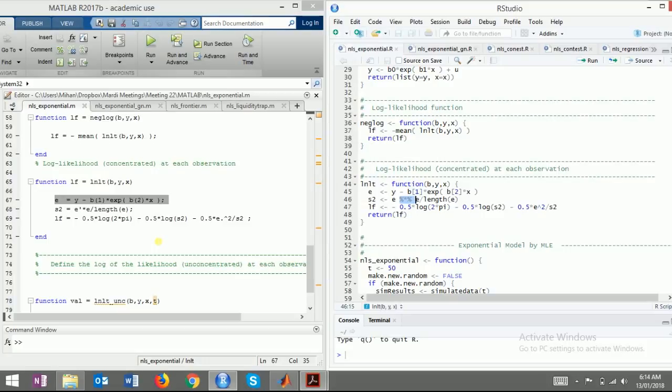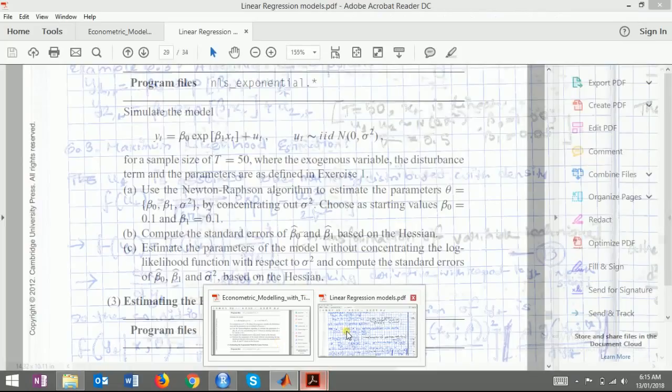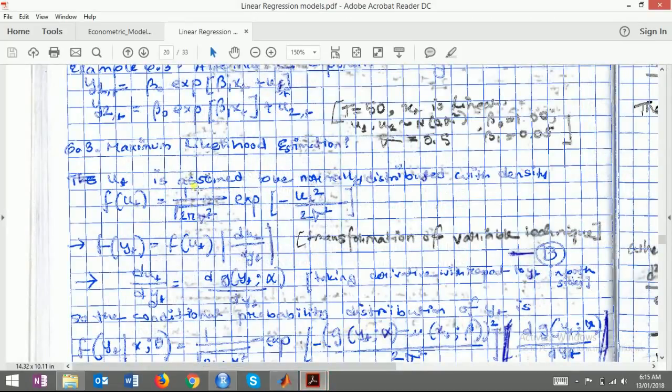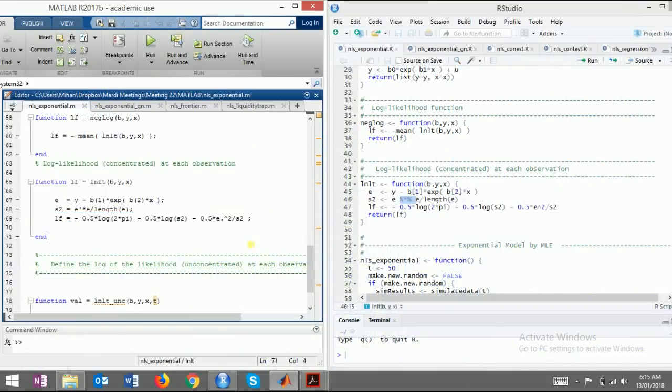And the log likelihood function is simply minus 0.5 log twice pi, minus 0.5 log sigma square, minus 0.5 u squared divided by 2 sigma square. Okay, you're confused, give me 1 second. See, 1 by root over twice pi sigma square, minus u t squared divided by 2 sigma square. This is the log likelihood function. Simple as it is. Return the log likelihood function.